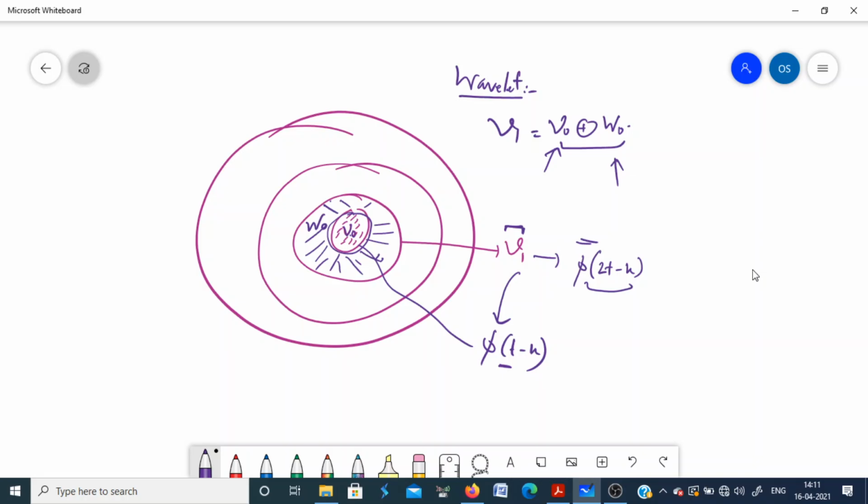So it spans a different space, and W0 and V0 are disjoint. The scaling functions in V0 and W0 are orthogonal to each other, in fact orthonormal within the norm.